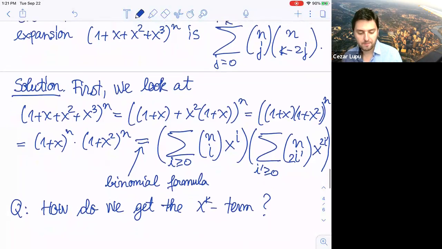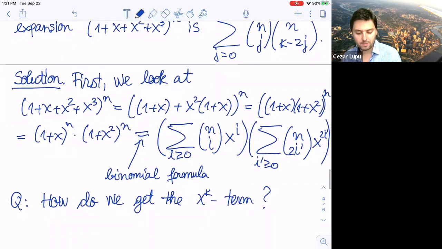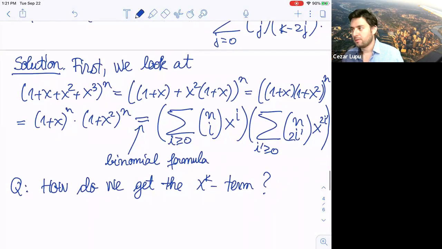That is the question in this expansion, right? So it will be the product of what? Can you tell me? It will be the pairing of what? Of n choose i, x to the i. That would be the term.